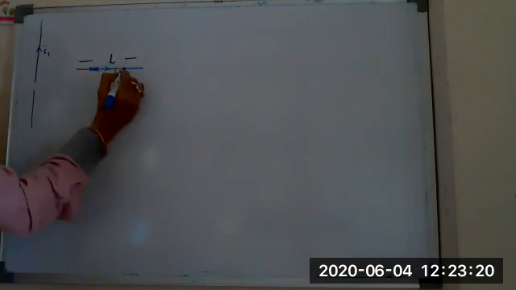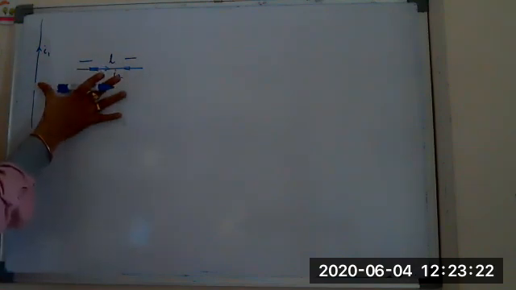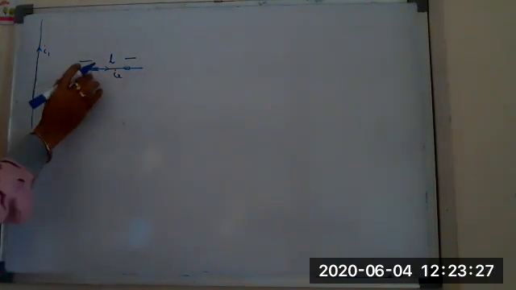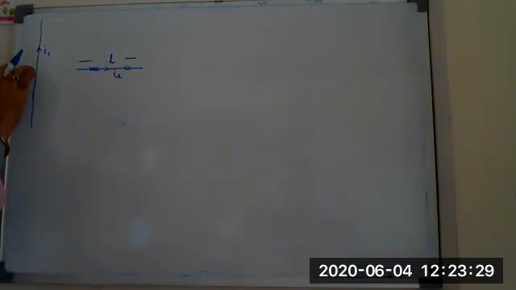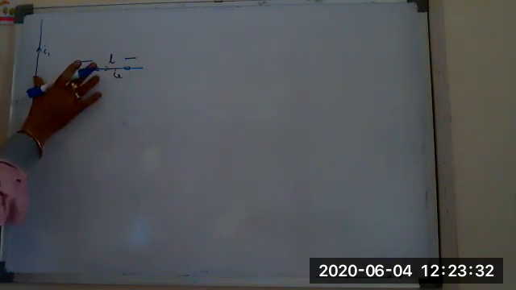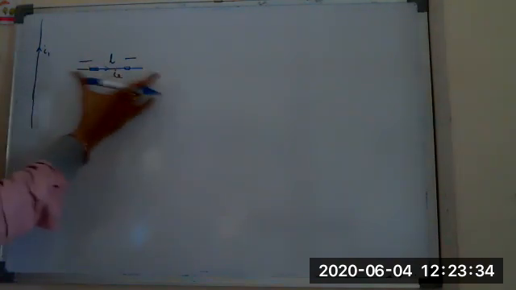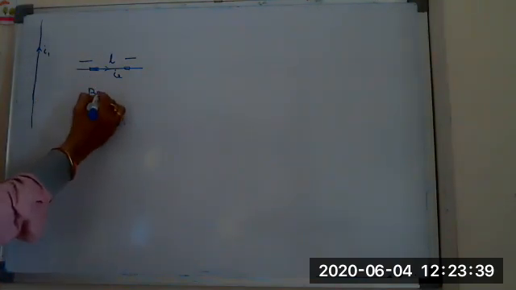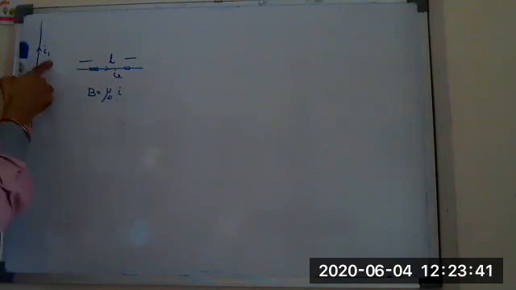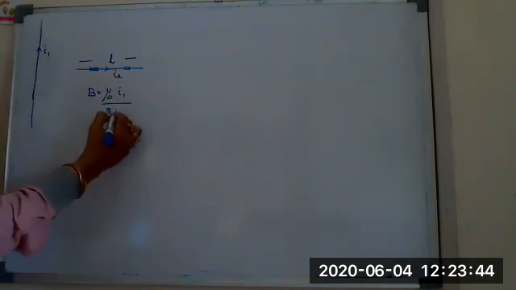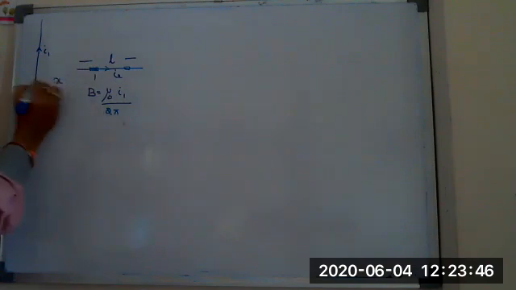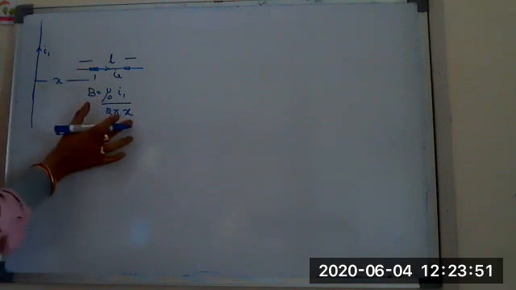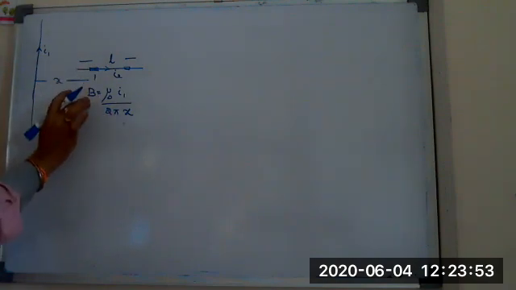If I assume one more element here, then the distance will change. Actually, the second conductor is in the magnetic field of the first, so the magnetic field strength gradually changes from point to point. That's why the B formed at one point is mu naught I1 by 2 pi x, assumed at a distance of x. This x is variable. If x is variable, B is variable.